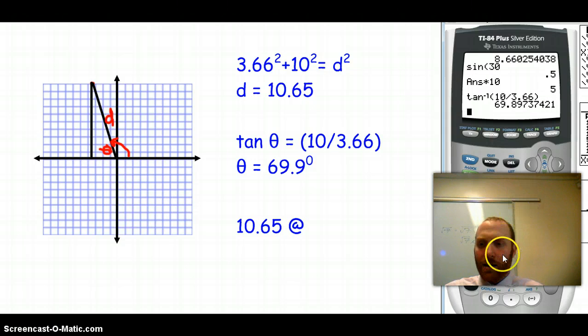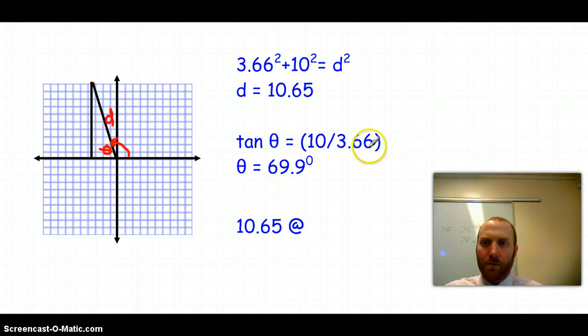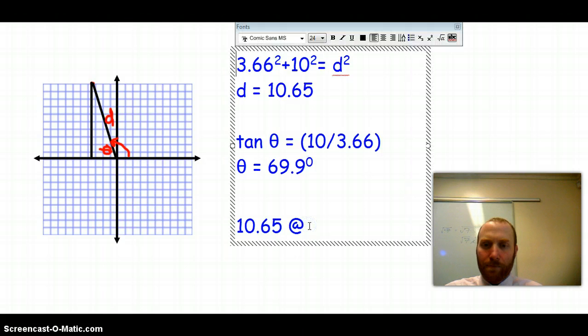So 180 minus 69.9 puts me at 110.1 degrees.